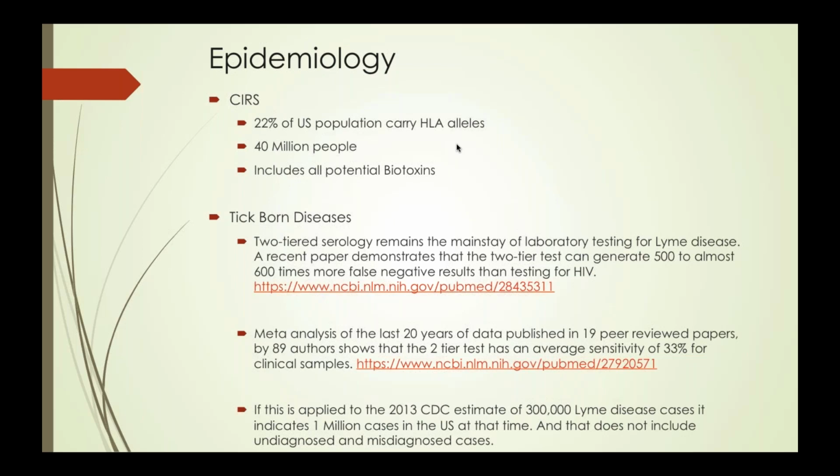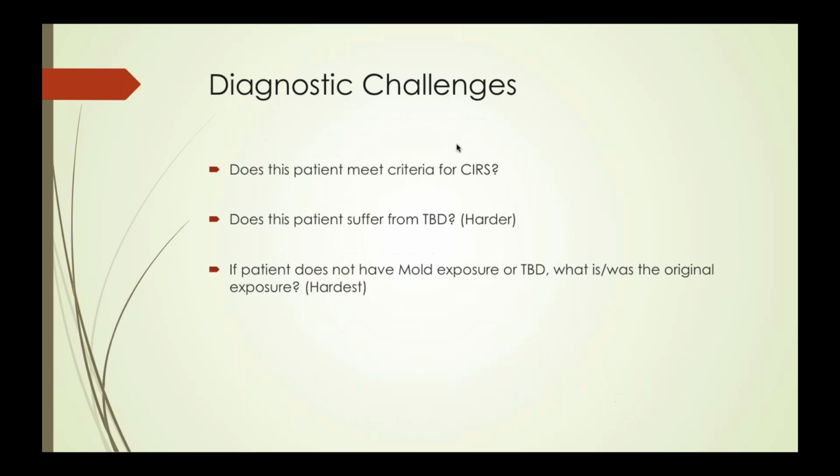And while the CDC has recognized that there are about 300,000 individuals with Lyme disease in the United States, that number is probably at least triple if we had better testing and surveillance. But there are diagnostic challenges, generally speaking, and that is to say, we first have to ask the question, does this patient meet criteria for CIRS?